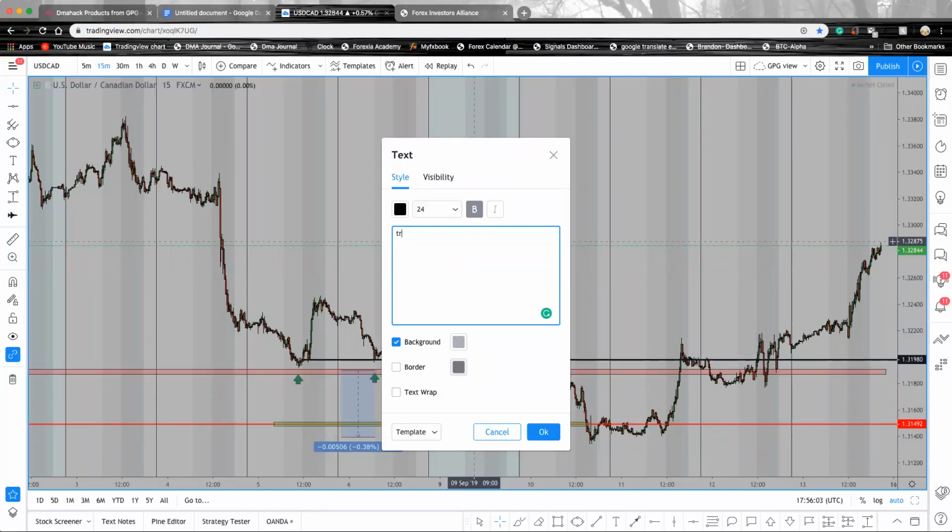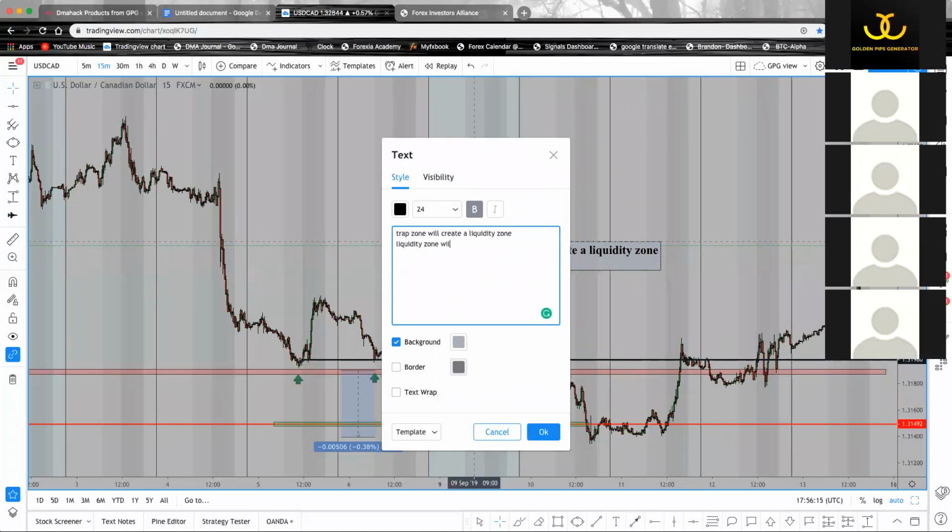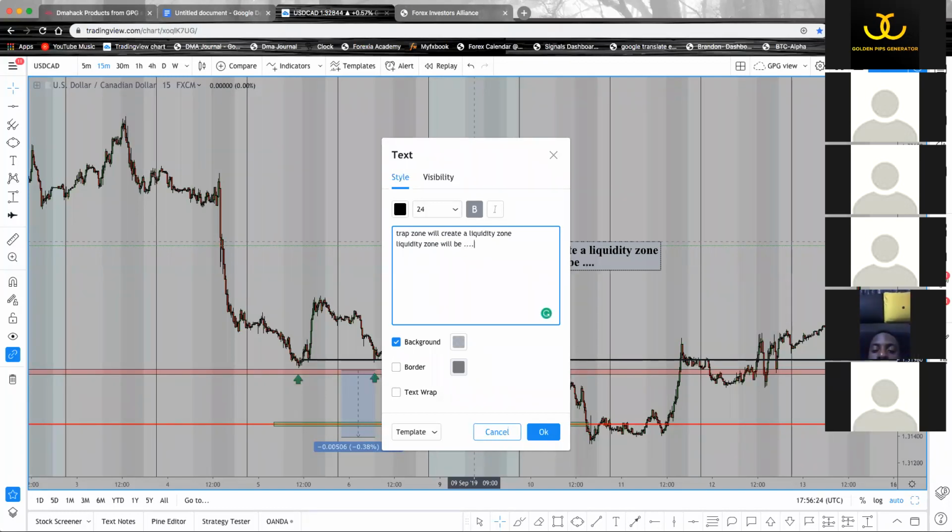So a trap zone will create a liquidity zone, and the liquidity zone will be... I know a lot of Academy and Unity and VIP students are here.